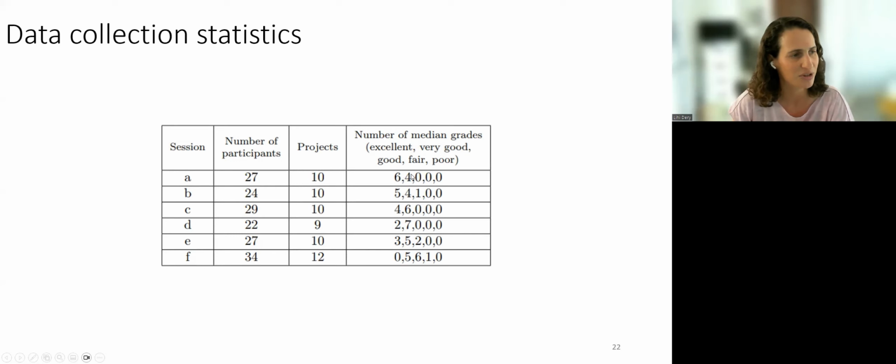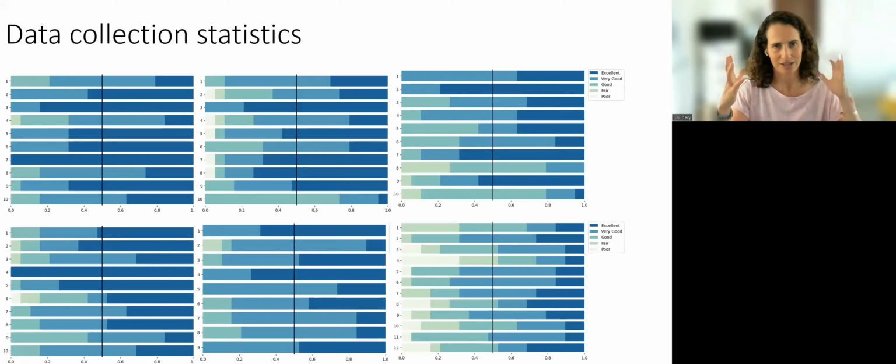So you can see that in all of the sessions, students tend to be very, very generous. This is the least generous session and still it is very generous. This is just so you can see a view of how this looks. This is the median in sessions A, B, C, D, E, and F. So this is the data I collected and the data that I used.